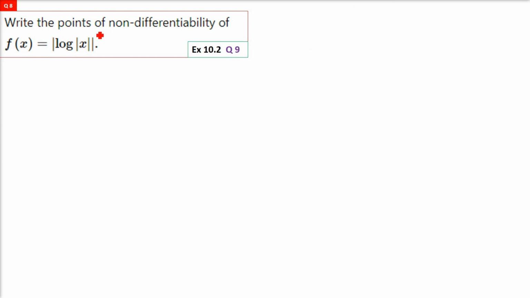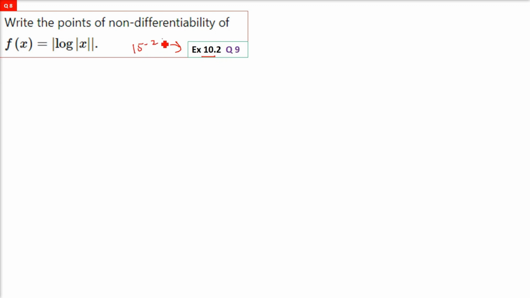Write the points of non-differentiability of log modulus x and modulus of that. So this question we have already covered. It was around 15 to 20 minutes of discussion. Exercise 10.2, question number 9. And this question is going to get repeated in the MCQ also. I'll tell you, there also.